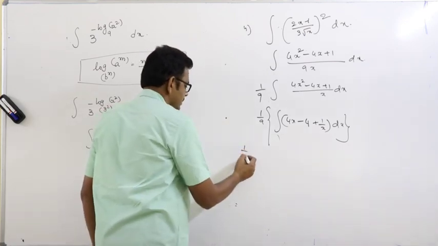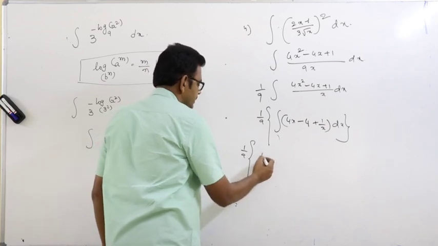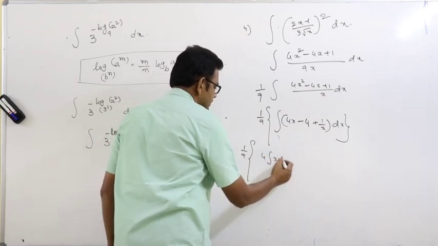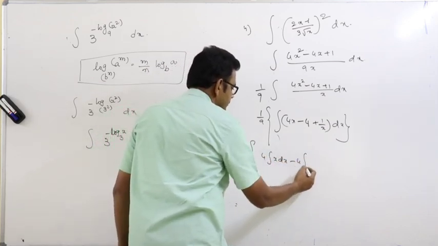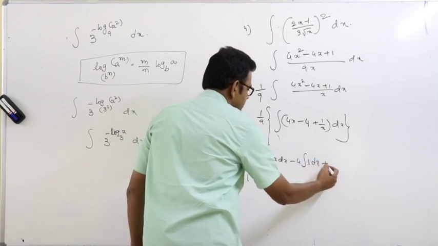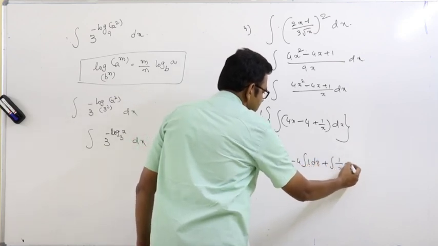So 1 by 9 into 4 into integral of x dx minus 4 into integral of 1 dx plus integral 1 by x dx.